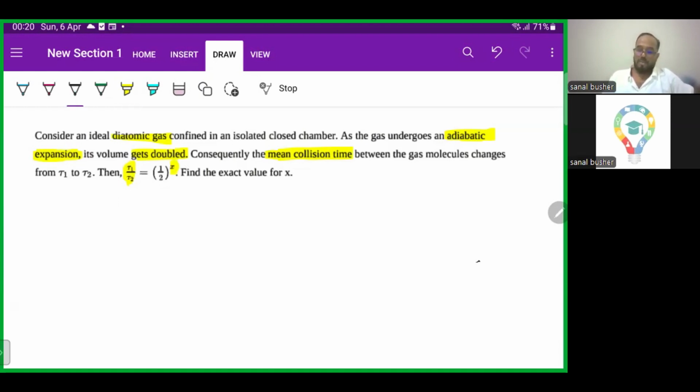Okay. So mean free path and mean free time: if a molecule is colliding with another molecule, you consider the distance before the successive collision. That is taken as lambda, the mean free path.